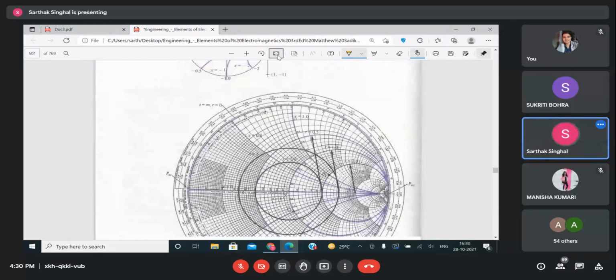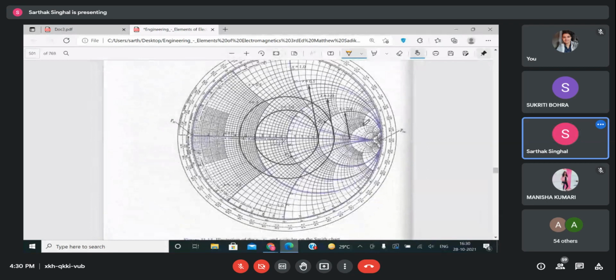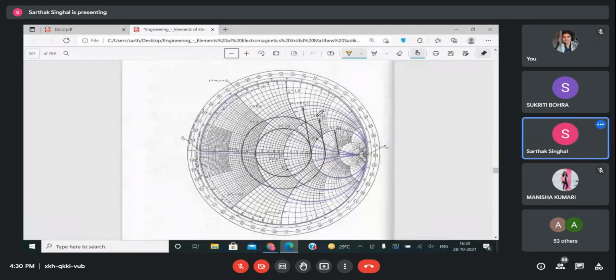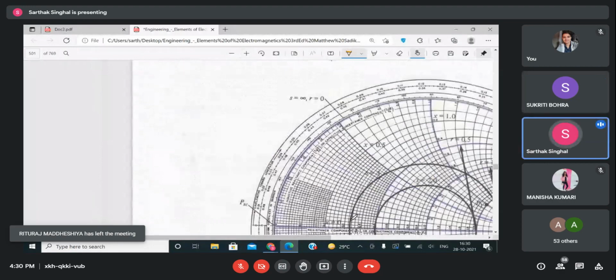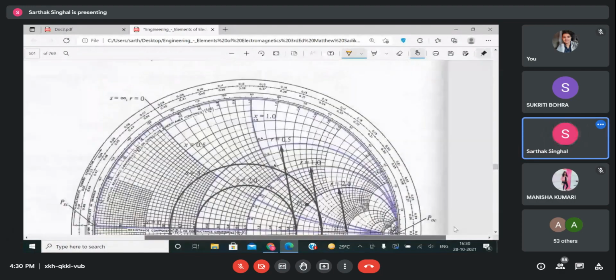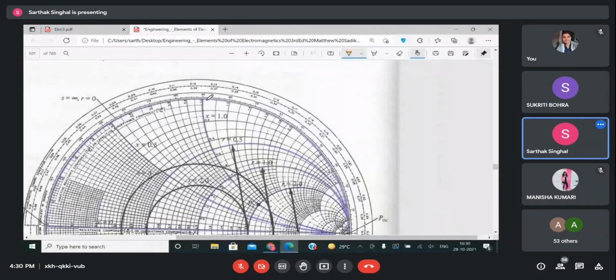Now, what I am doing. Your Smith chart will look like this. Okay? Yes, sir. See, in this, a few values are given. This is the reactance circle.